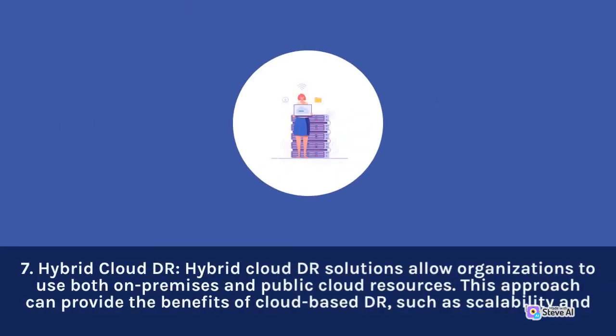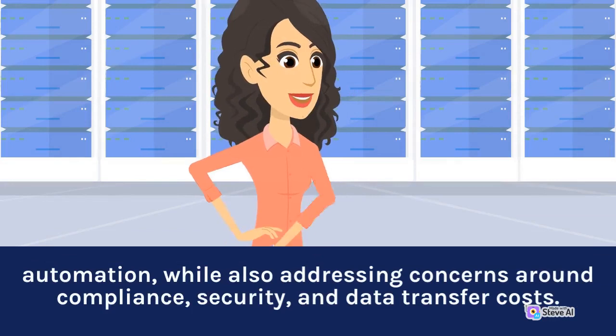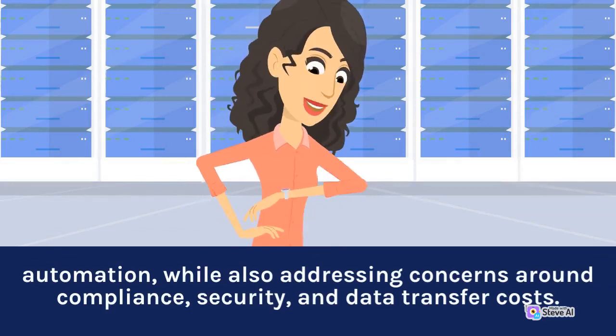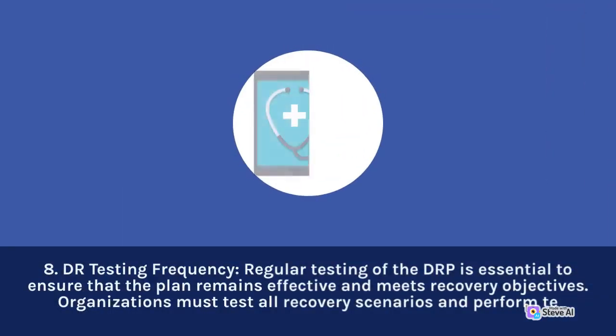7. Hybrid Cloud DR. Hybrid Cloud DR solutions allow organizations to use both on-premises and public cloud resources. This approach can provide the benefits of cloud-based DR, such as scalability and automation, while also addressing concerns around compliance, security, and data transfer costs. 8.